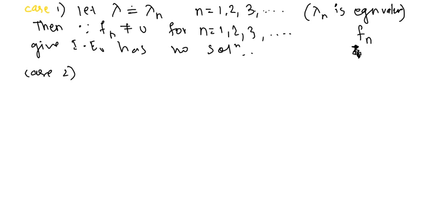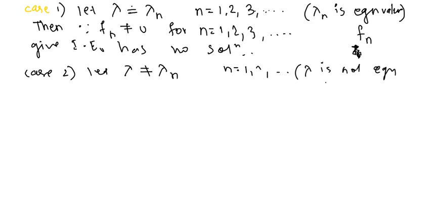Now the only one case remains, that is case 2. Let lambda be not equal to lambda n, where n is going from 1 to 3. That means lambda is not an eigenvalue. Under this case we can directly use the Hilbert-Schmidt formula.